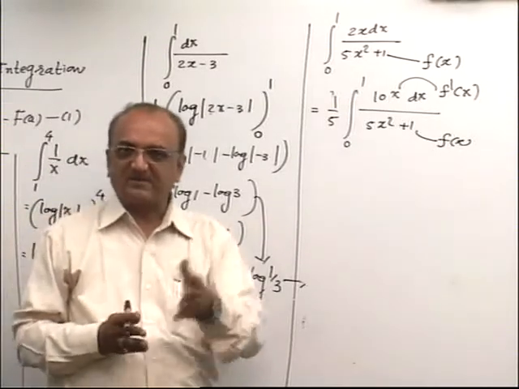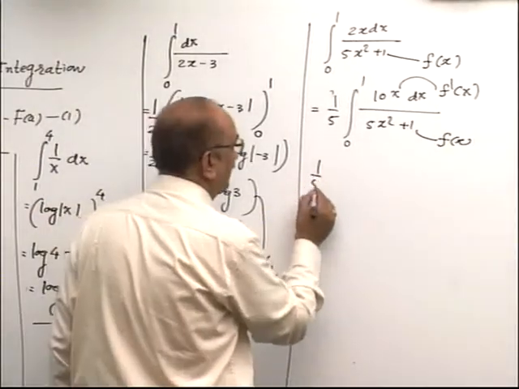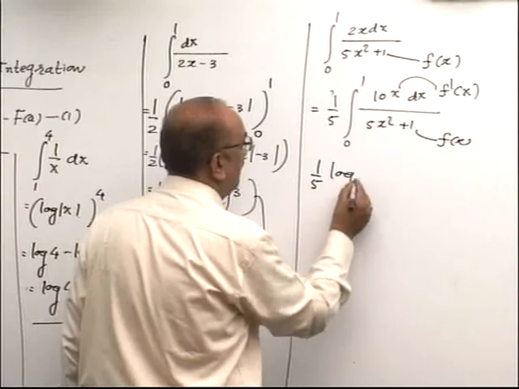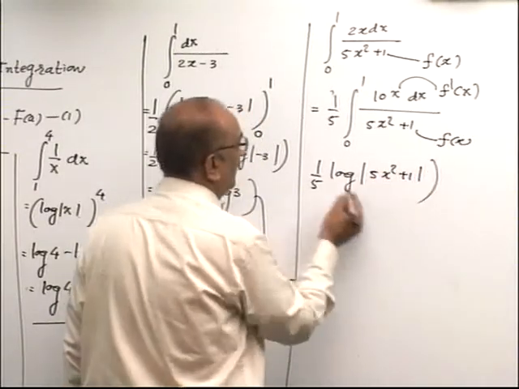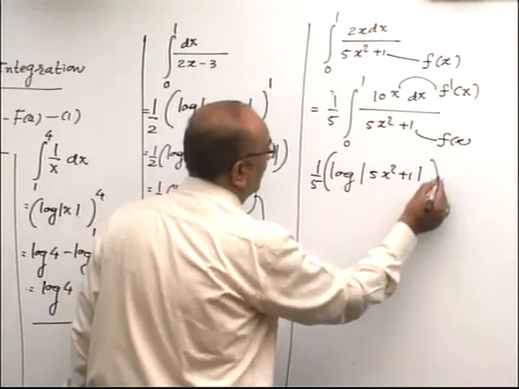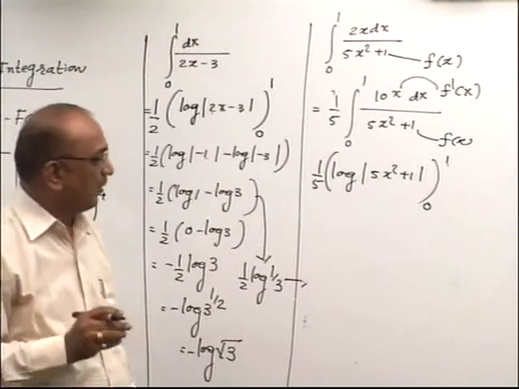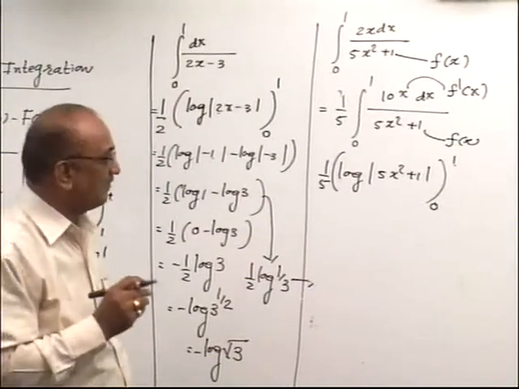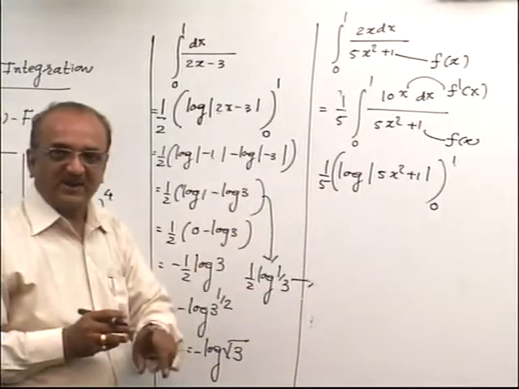This belongs to math fundamentals. 1 upon 5 into log of modulus 5x square plus 1, running from 0 to 1. Integration of f'(x) upon f(x) dx is equal to log mod f(x).